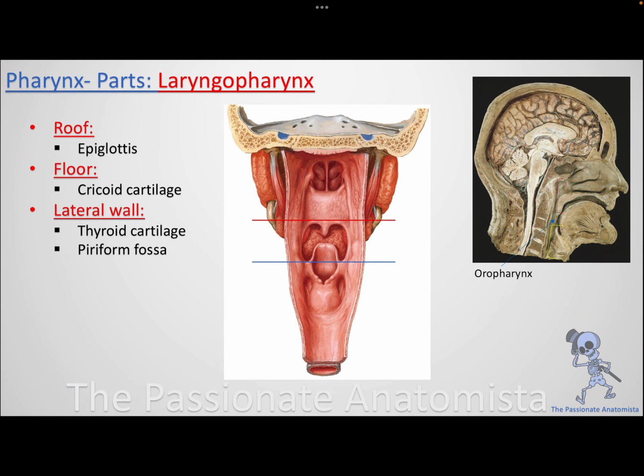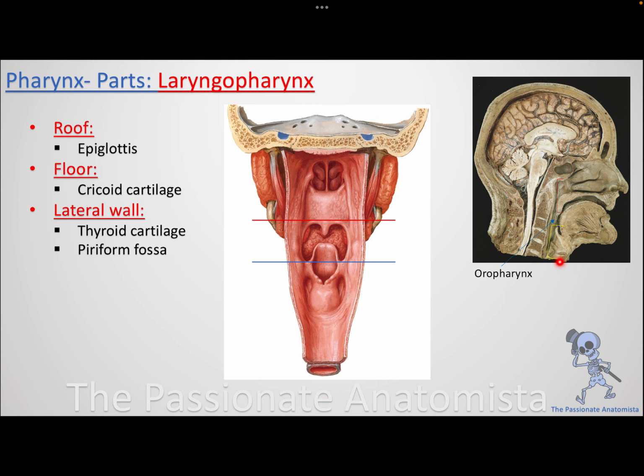Moving on, we have the last part of the pharynx, which is the laryngopharynx. How do you know the boundaries? Your roof is going to be the epiglottis, because this is what closes off here and demarcates the oral part from the laryngeal part. So above you have the epiglottis, and the floor down is basically your cricoid cartilage.